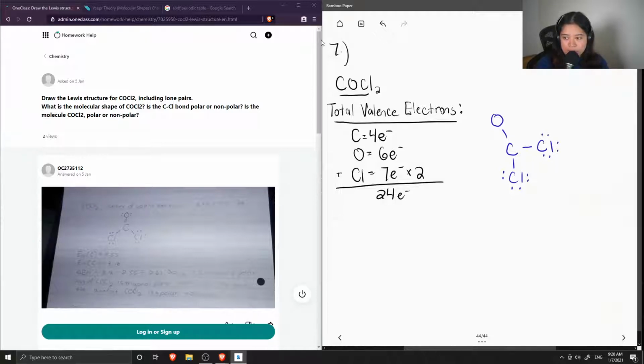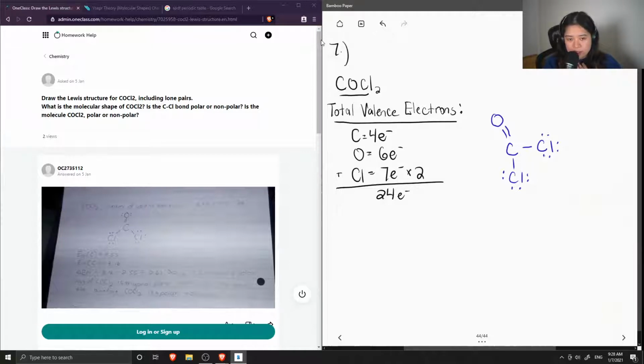Okay, so before I draw the lone pairs on the oxygen, I first like to analyze to see if carbon has a full octet, and you can already see that it does not. So carbon is most likely going to form a double bond with this oxygen, since it's least likely to bond once with the chlorine, since chlorine already has the 7 electrons, it'll most likely form one with the oxygen.